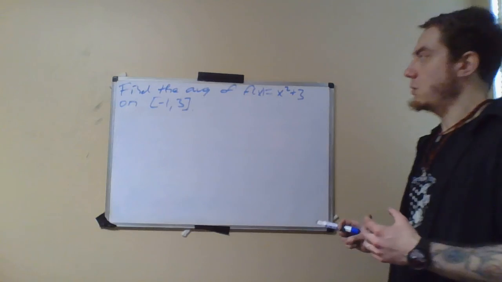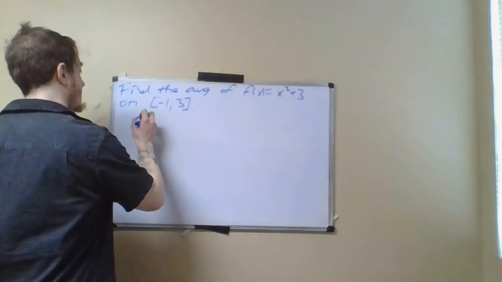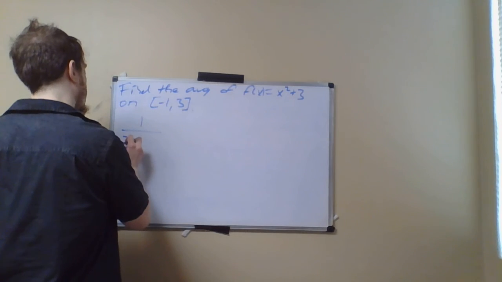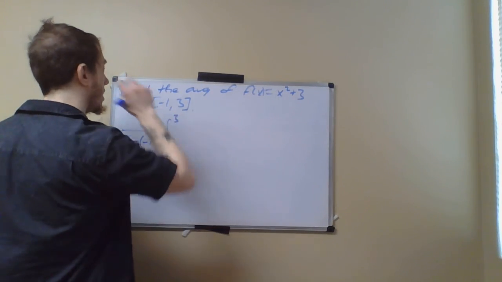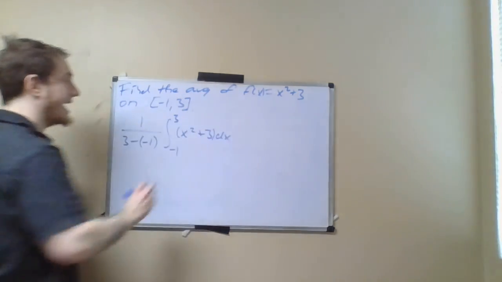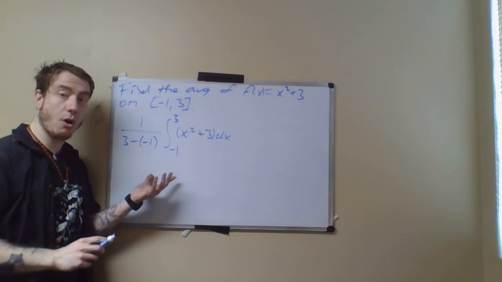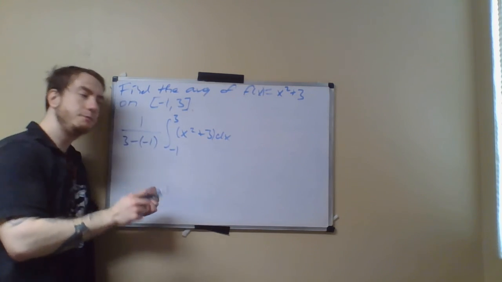In this case, it's straightforward because what I'm going to write down is 1 over 3 minus negative 1 times the integral from minus 1 up to 3 of x squared plus 3 dx. What I mean by straightforward is there are no tricky things about this integral.